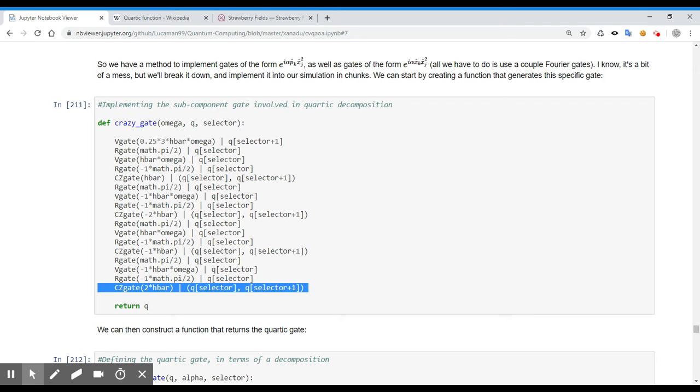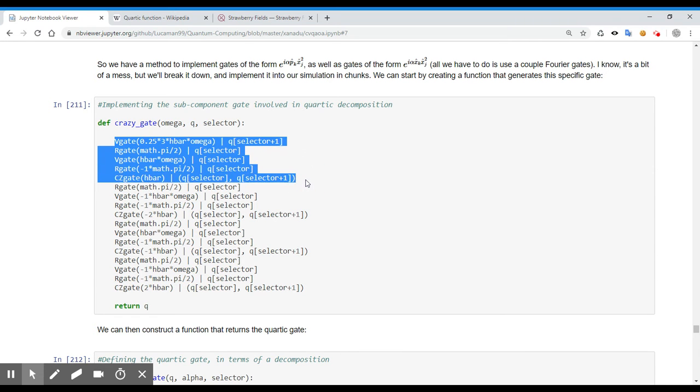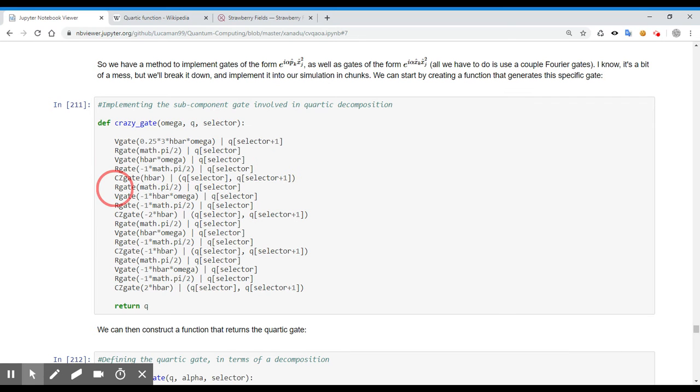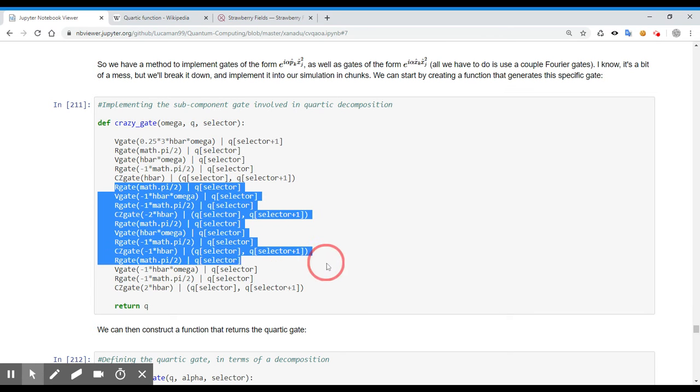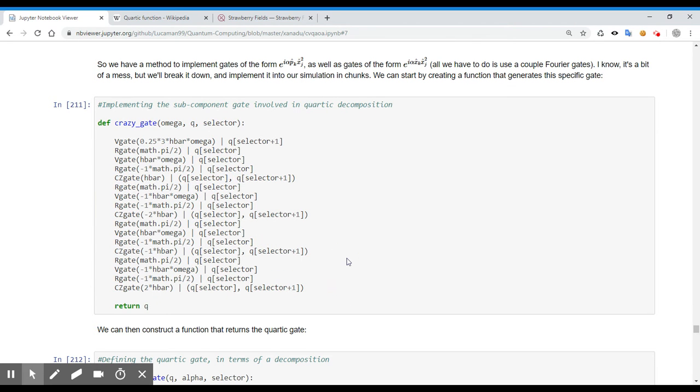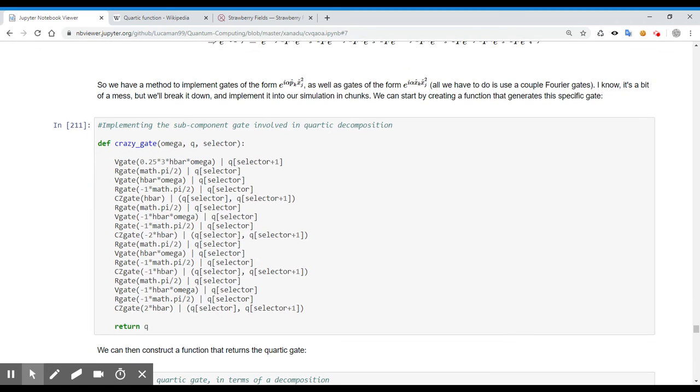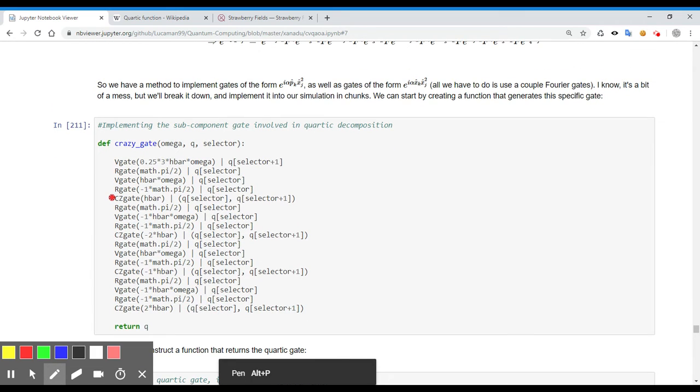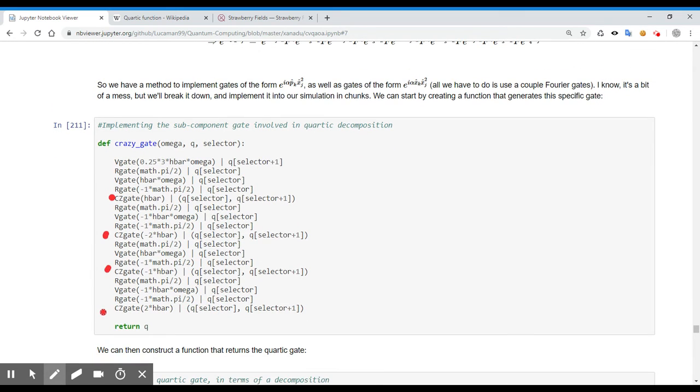Okay, sorry. So it's this repeated 4 times, right? VR, VR is CZ. No. Different things. So there are 4 control Zs, here, here, here, and here.